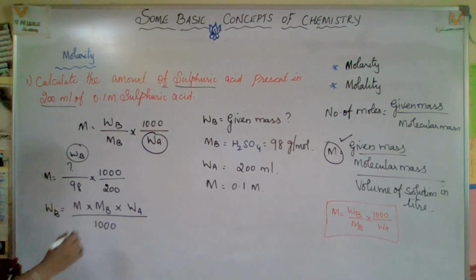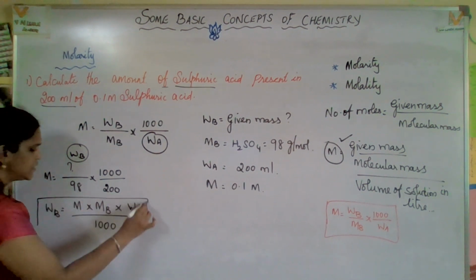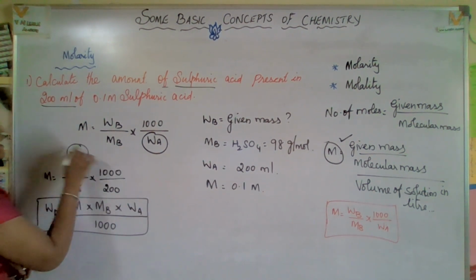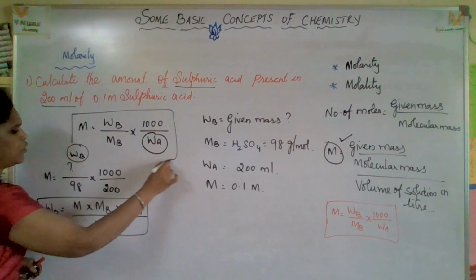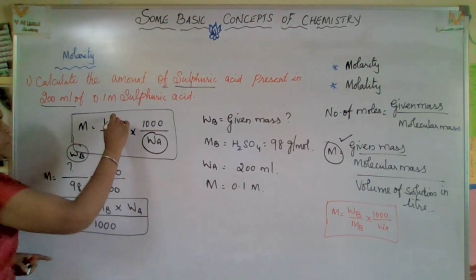I hope you got a clear idea to find the answer. You know all the values and you know the formula also. See, this is the main formula. This is the backbone of the molarity formula. Now, WB you have to find out.